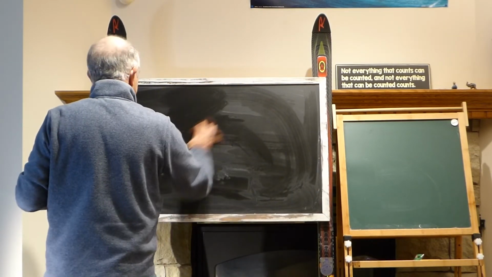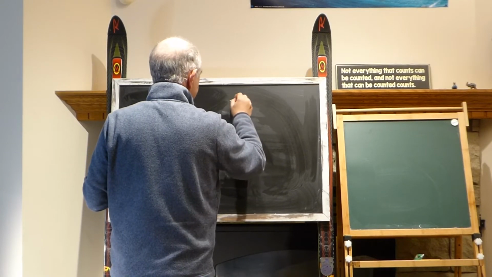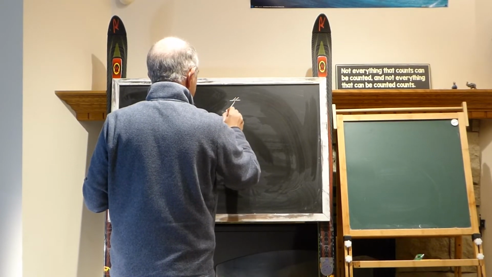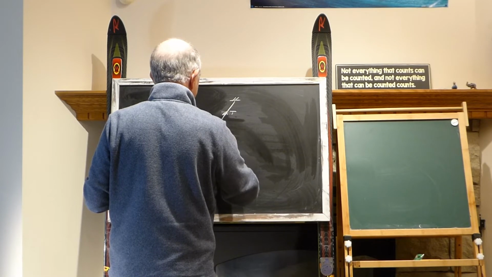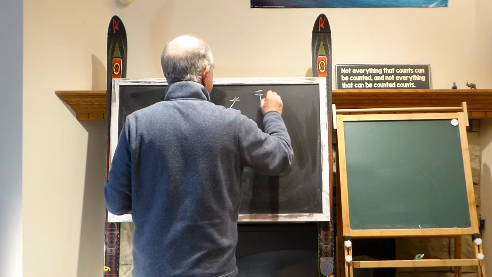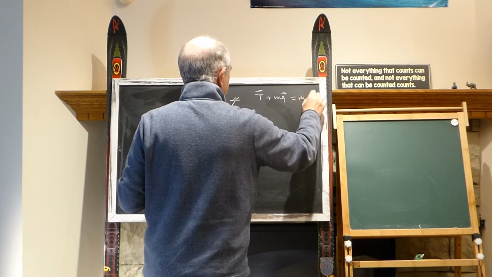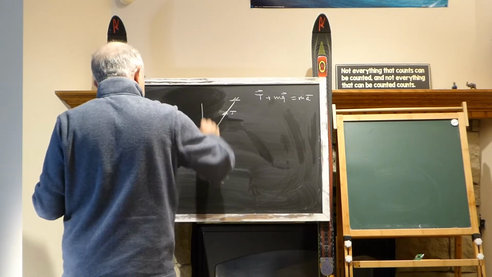Okay, again, let's look at this. We have tension and we have gravity. And we know that tension plus gravity equals ma. How to solve it?